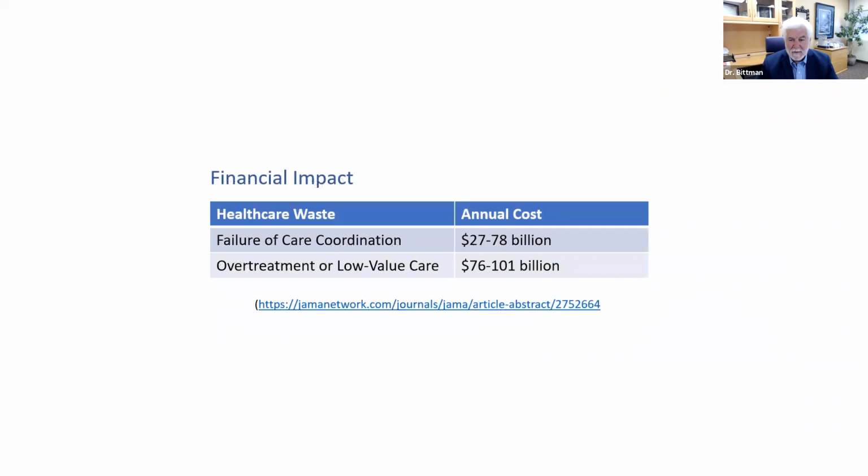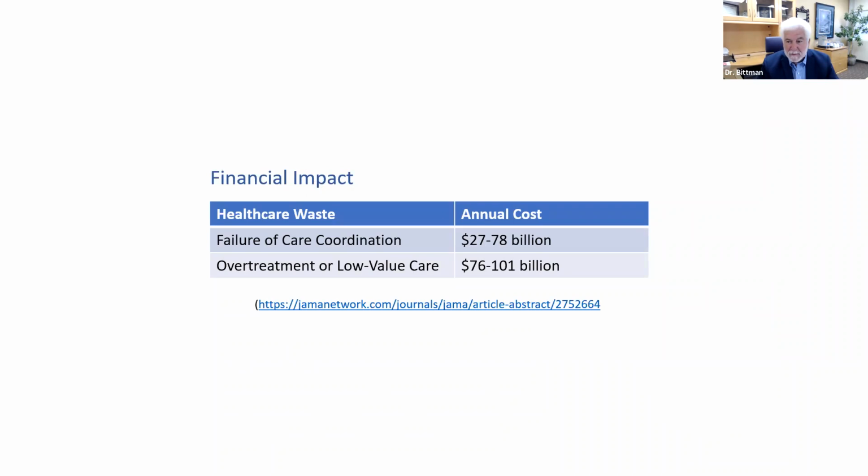As we start to move forward, you probably say to yourself, what does this mean on a national basis? Well, failure of care coordination, as you can see here, costs up to $78 billion with a B each year. And overtreatment or low-value care costs up to $101 billion.